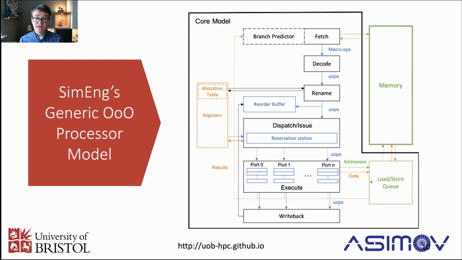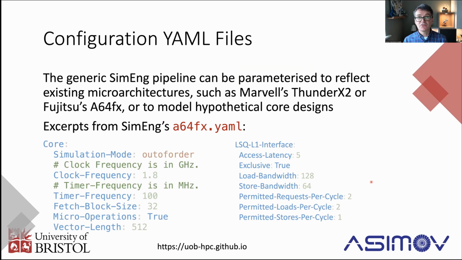The way you configure one of these models and actually make it a real model of, say, an actual processor is we have YAML files, and you tend to have one configuration file for one processor. I've just picked out a couple of examples here. So in a YAML file, you can set: are we out of order or in order? You can pick a clock frequency, how fast the timers run, how many bytes you fetch at once for instructions, whether you use micro-ops or not, how wide the vectors are in bits.